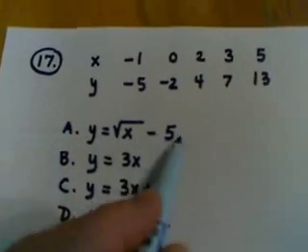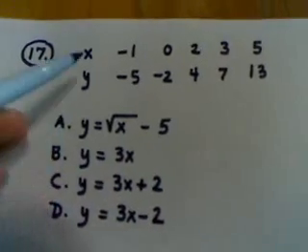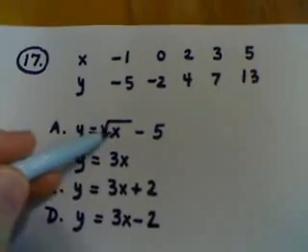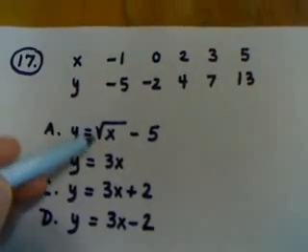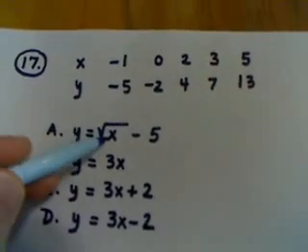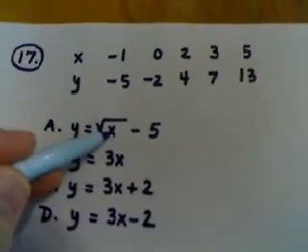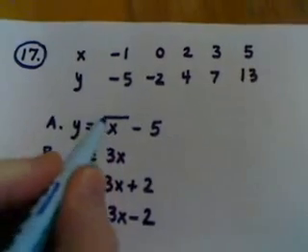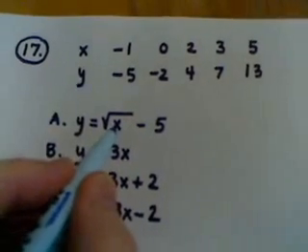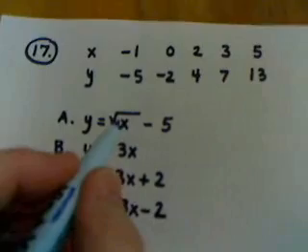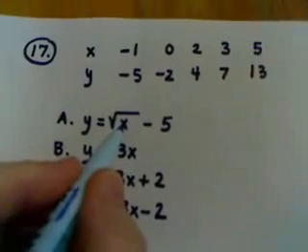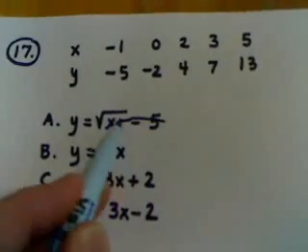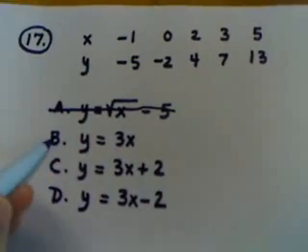If I look at the first one, when I plug in a -1, that's under a radical, under a square root, and that's going to be a real problem because putting a negative number like that under a square root gives you something that's not a real number. Later in the course we'll learn how to deal with those, but right now that's not even a real number. So forget this.